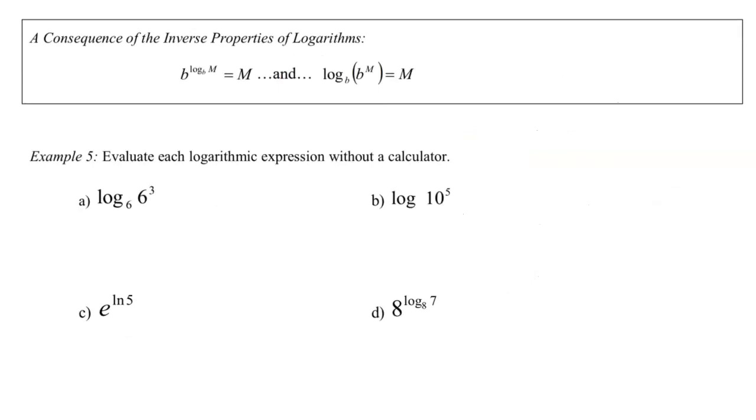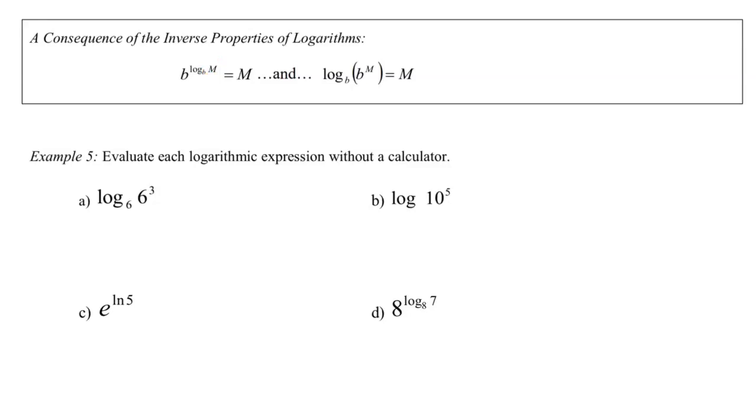Okay, so let's look in this box at these two properties, which are consequences of the inverse properties of logarithms. And so the first one says base b raised to the exponent log base b, so notice that these bases are the same, of m is just equal to m. And so what that means is that if you have a base and then in the exponent is a log of that same base, then those two things will just cancel each other out and you'll be left with m.